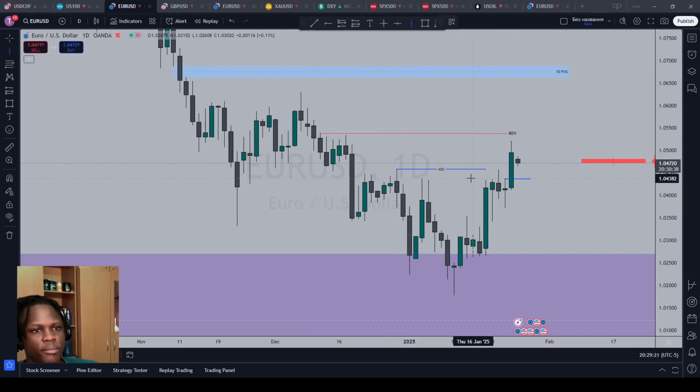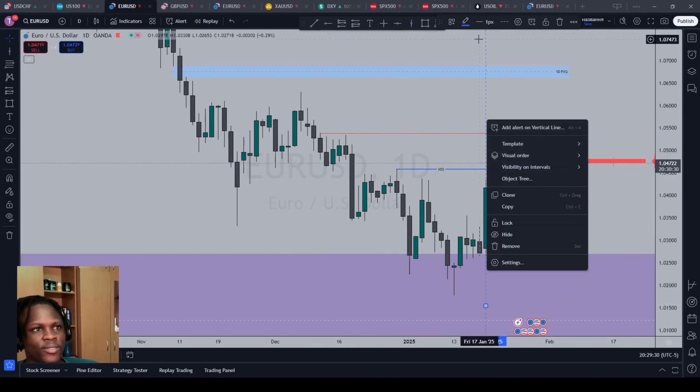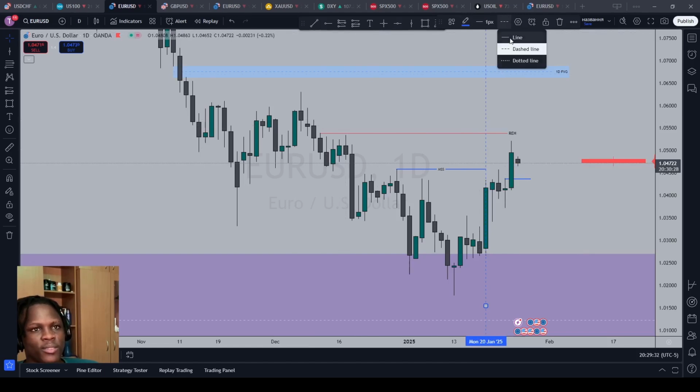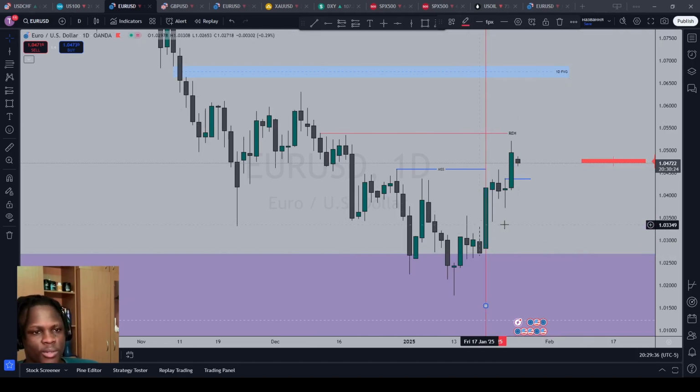Let me delineate last week's trading. This is last week's trading. This is what the market did. I wasn't expecting it to do such, but this is what it did.